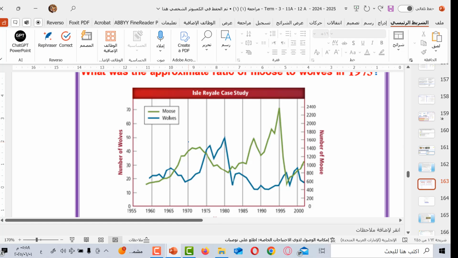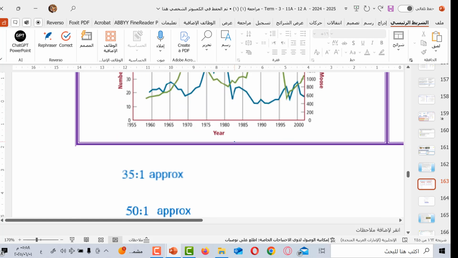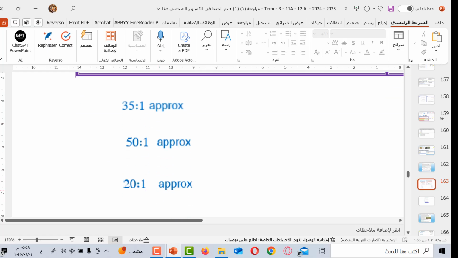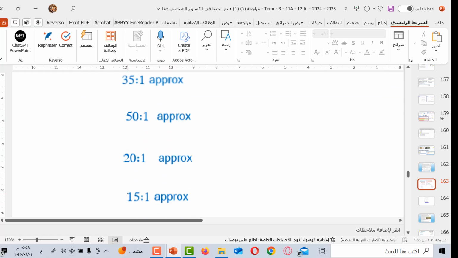It will be 1 wolf for every 32.5. Let's see the ratio he mentioned: 1 to 35, 1 to 50, 1 to 20, 1 to 15.